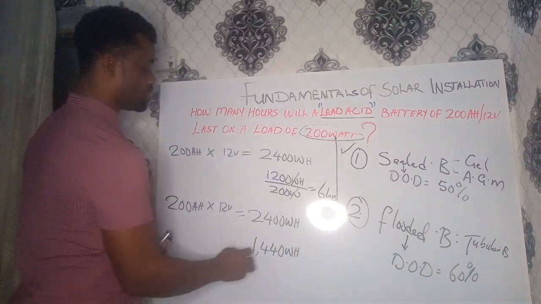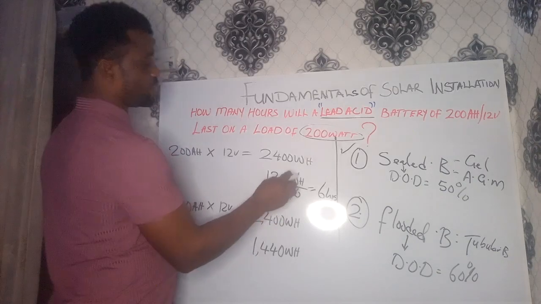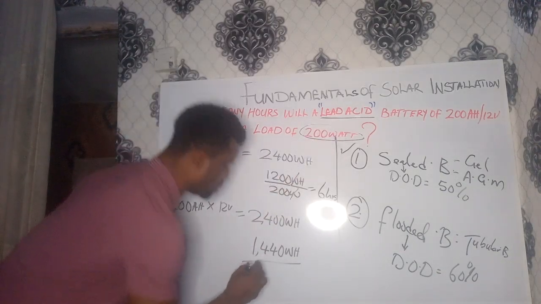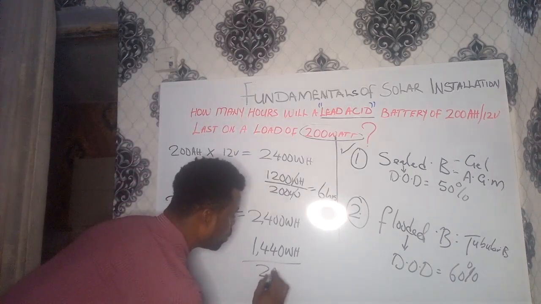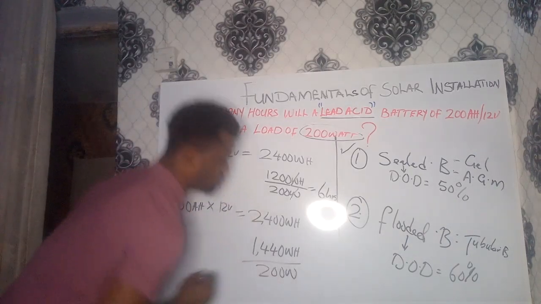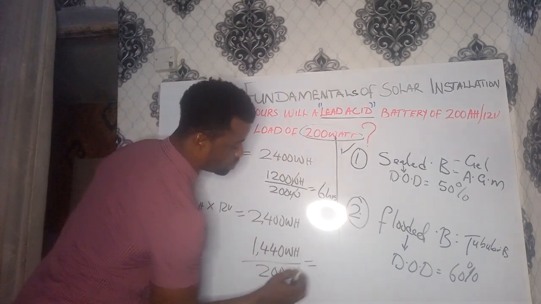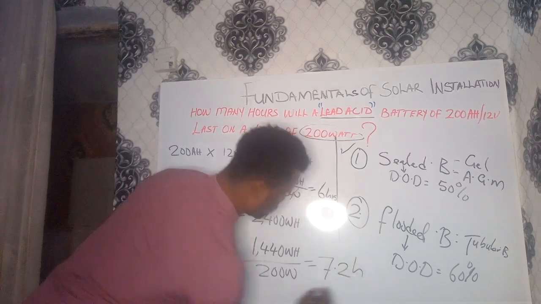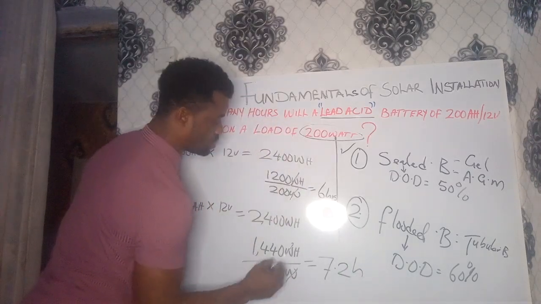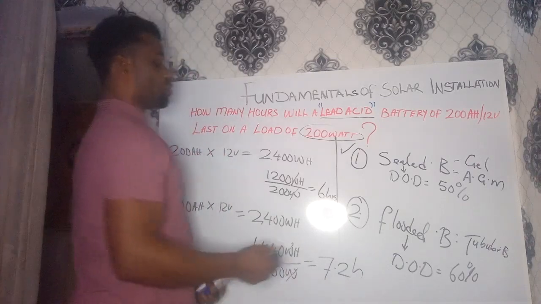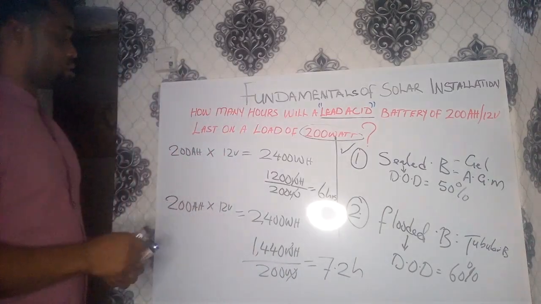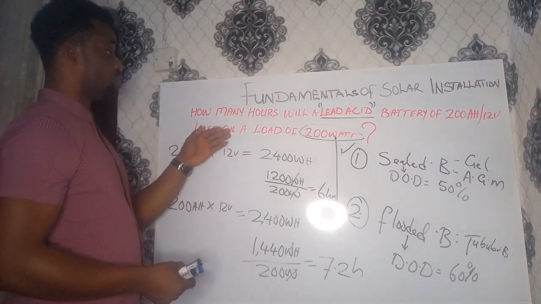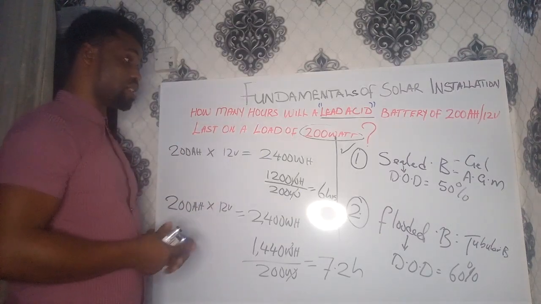If you divide this by the load in the house, which is 200 watts, our answer will be 7.2 hours. Watts cancel watts. With this, you've done justice to the question that's been asked.